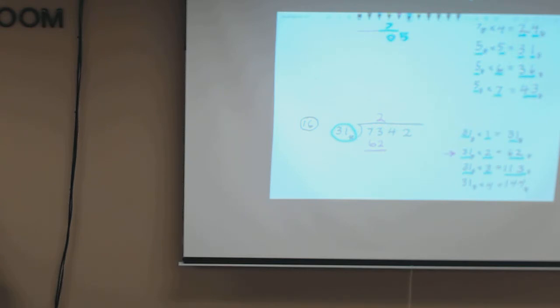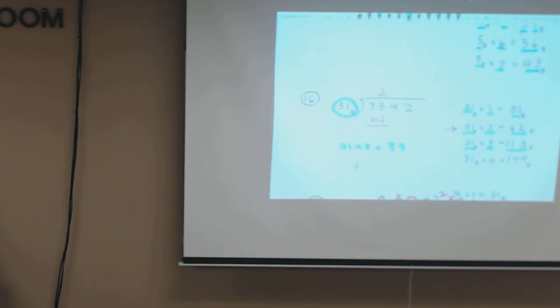What's 31 times 3? 93. 93. So that would be 164. And that would leave 27. And what would that be?